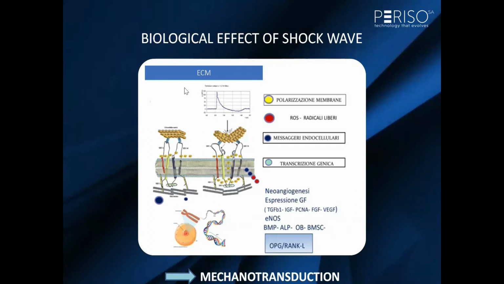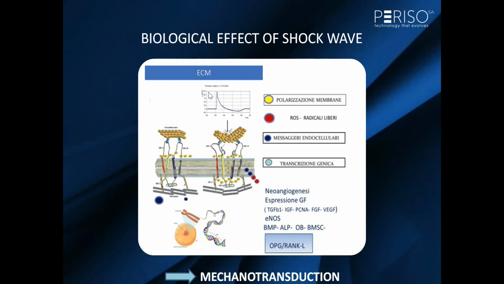As explained in the last presentations, with the CT shock waves machine we have two levels of energy: a mechanical energy and a focused energy, which I explained as transversal energy and longitudinal energy.